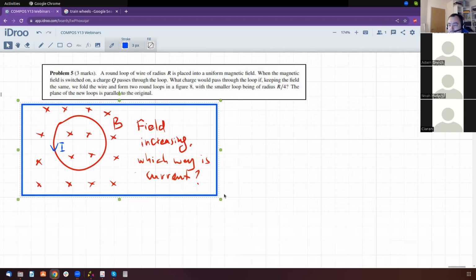Okay. Who knows why? Apart from Adam, who knows why the current is going to be anti-clockwise? Okay, vote. 1, I know, 0, I don't know.